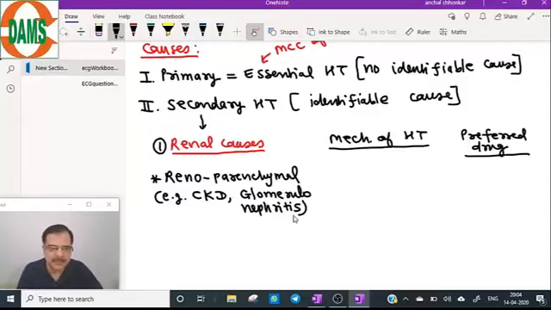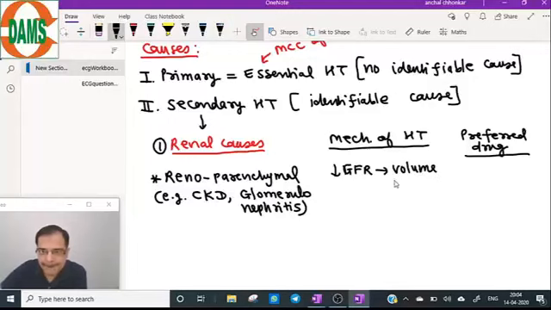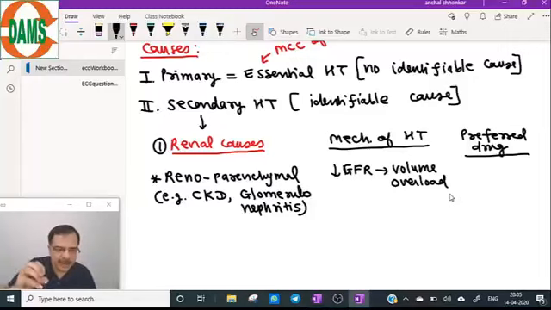Renoparenchymal causes, mechanism of hypertension. In these conditions, the GFR is reduced. And if GFR is reduced, volume overload occurs. So the mechanism of the hypertension is decreased GFR leads to volume overload, as well as decreased renal blood flow, and when there is decreased renal blood flow, the renin angiotensin system is activated.